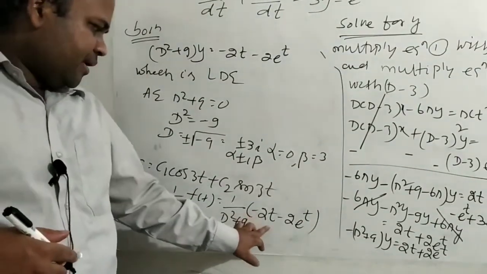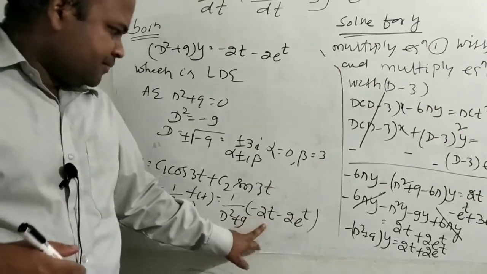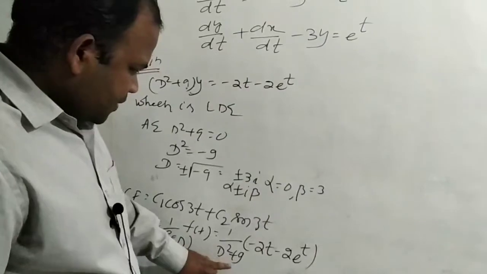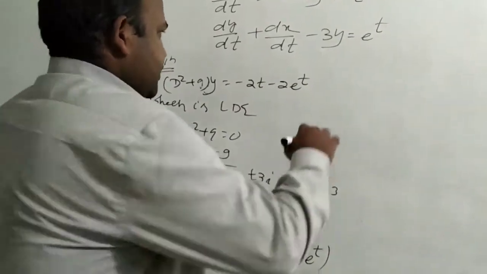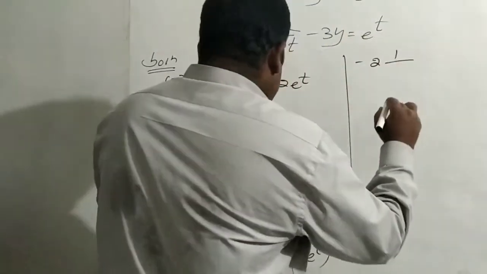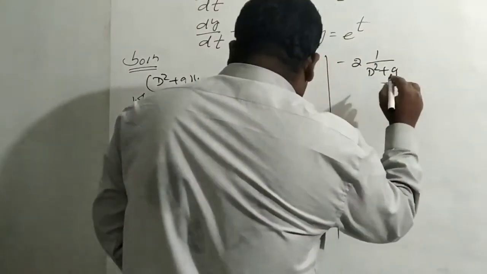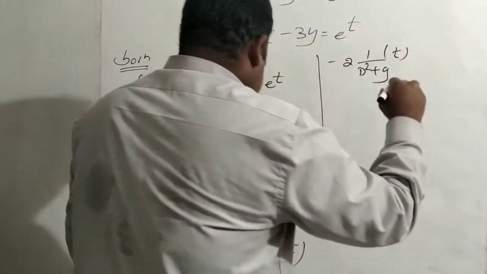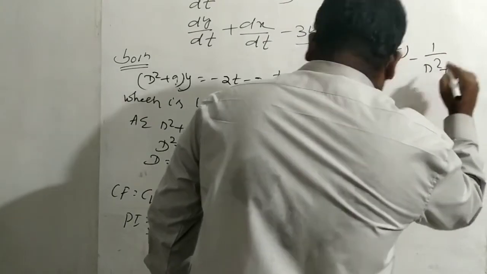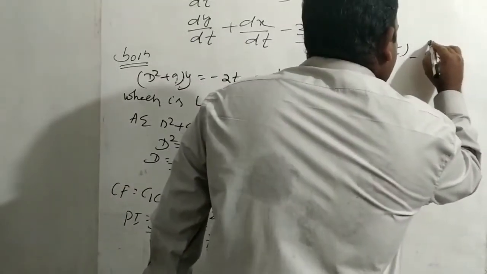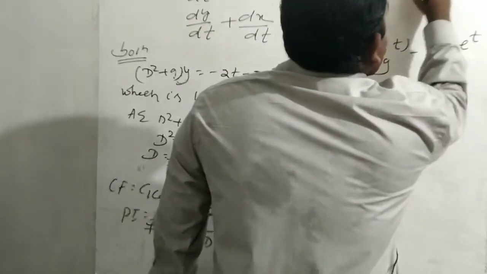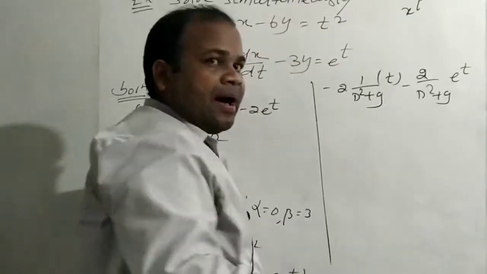So for minus 2t you will use the binomial series, and for e raised to t you will solve the type first. So 1 upon d square plus 9 of minus 2t minus 2 e raised to t. So this is minus 2 into 1 upon d square plus 9 into t, and this is 1 upon d square plus 9, this is 2 into e raised to t. So we know that x raised to p, we will use the concept of binomial series.